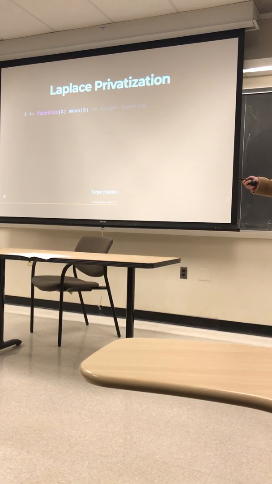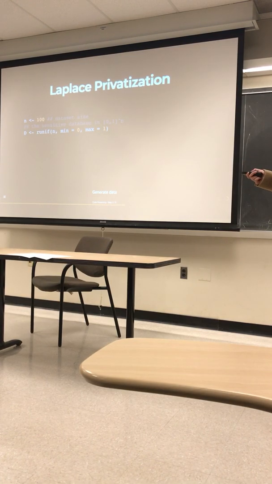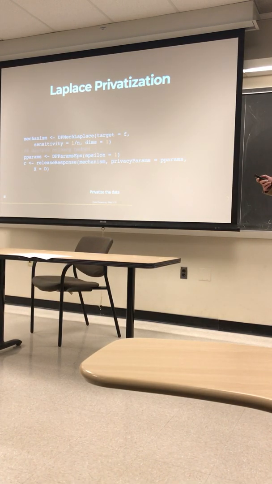So what can we do? This is the data set. First, using this library, we need to define a mechanism. Here you can see we use the Laplace method. And the target is the mean, or the f defined above.